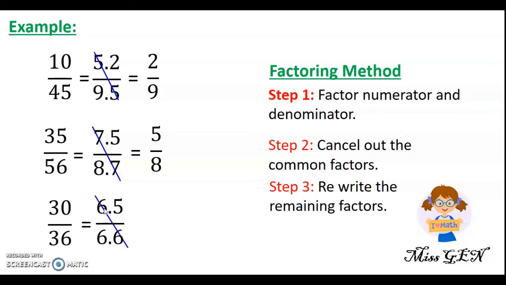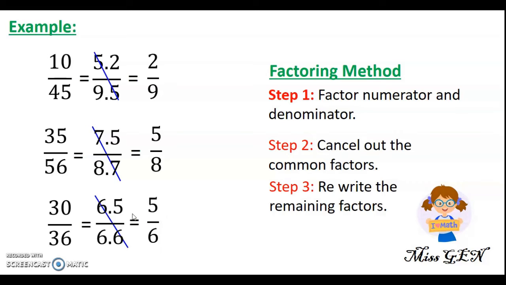When we cancel out factors, it should be in pairs. So we cannot cancel out all the 6s down here. Only one pair. So our remaining factors are 5 and 6. So this will be our simplest form, 5 over 6.